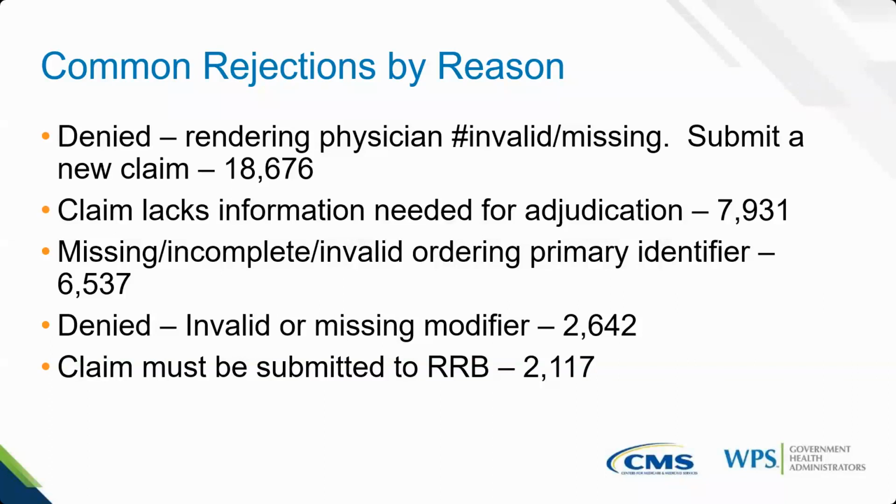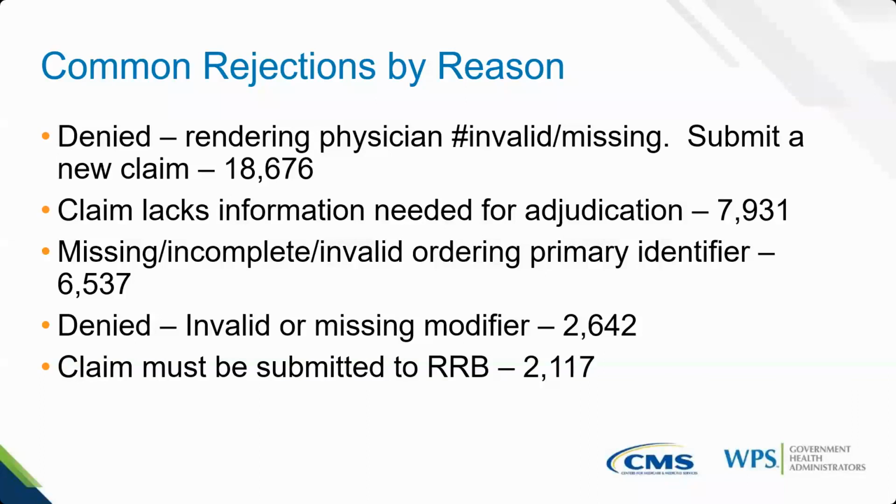The next one is claim lacks information needed for adjudication. Over 7,000 rejections. For this situation, what you're going to want to do is take a look at your claim and try to determine what it is that's missing from the claim, or the information that it lacks that's needed for adjudication. Remember, there are situations where more than one reason code will print out on that remittance advice, so you're going to want to take a look at all of them.